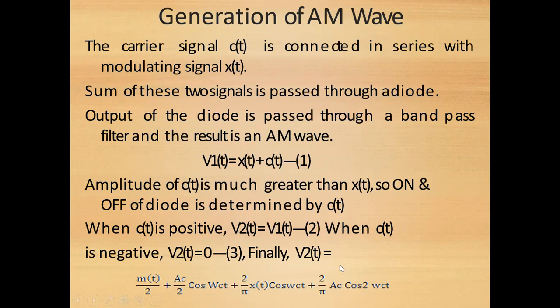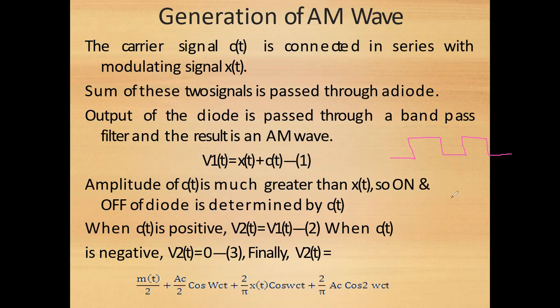Then coming to V2 of t, as it acts as a switch, we can write the equation like m of t by 2 plus Ac by 2 cos omega ct plus 2 by pi x of t cos omega ct. Why? Because it is acting as a switch, we will be getting pulse waveforms, like off, on, off, and then on, like this, due to this switch.